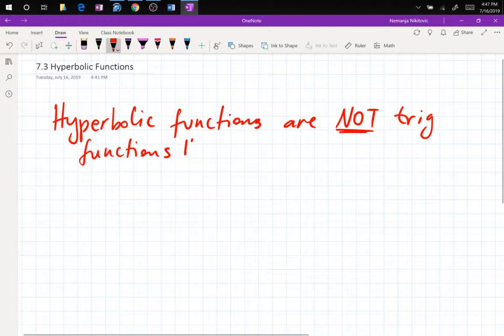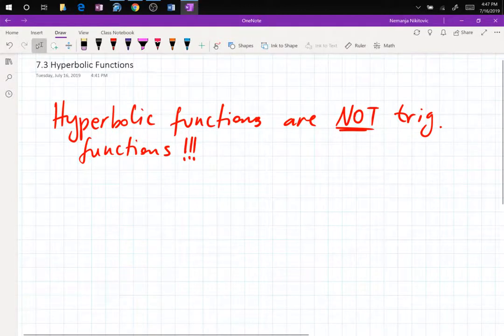I've seen a lot of students make this mistake where they regard hyperbolic functions as trig just because of the name. I'll explain why they're named the way they're named, and you'll see some of the properties will be identical and very similar and so on.